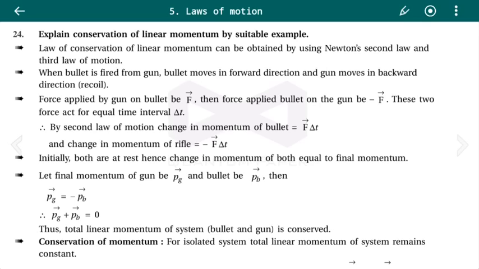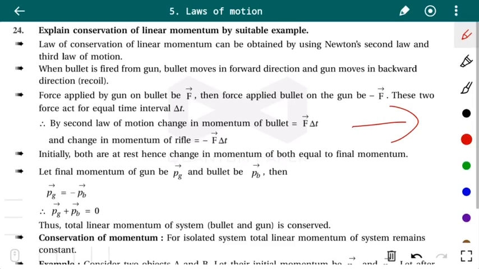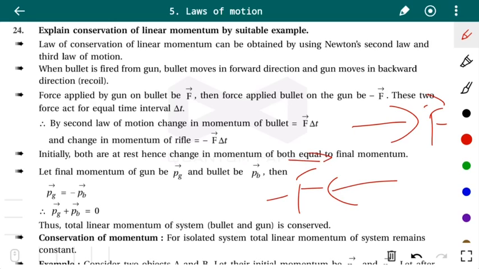So here, when the bullet is fired from the gun, there are two forces acting: the force F on the bullet, which will be in the forward direction, and the force applied on the gun, which will be in the backward direction, opposite to the force applied on the bullet. And these two forces will be acting for an equal interval of time, that is delta t.